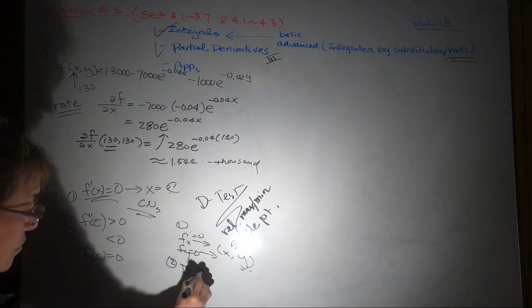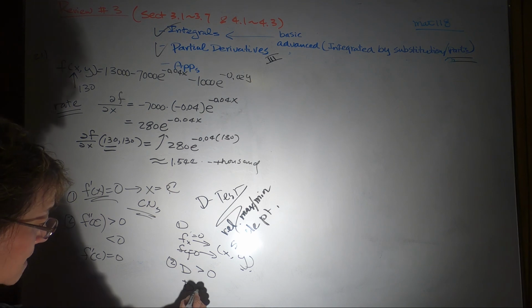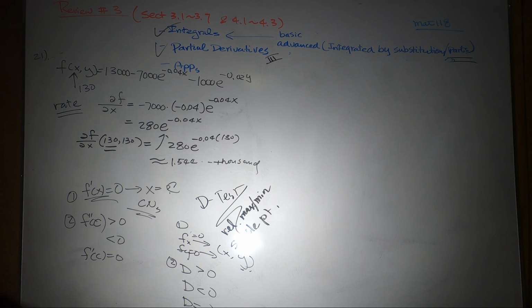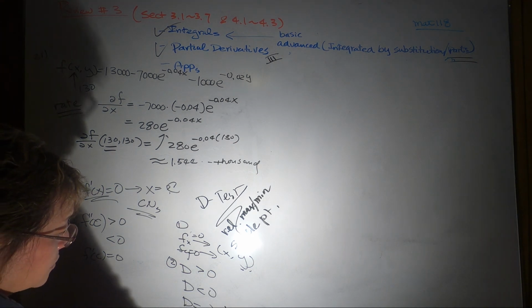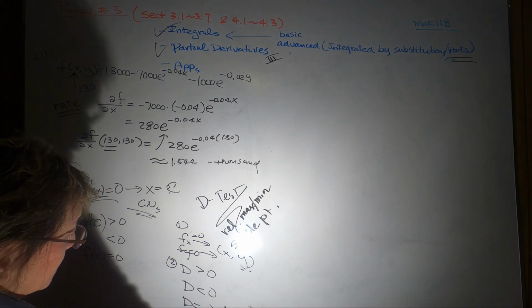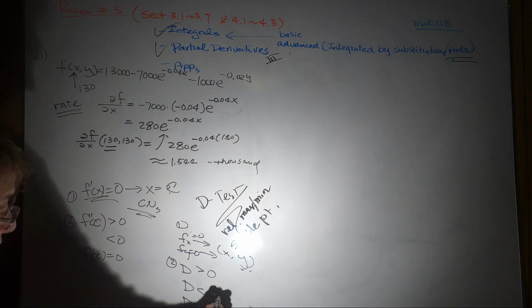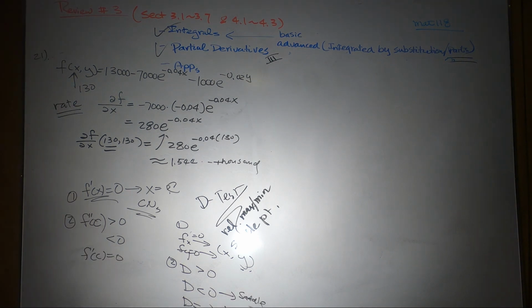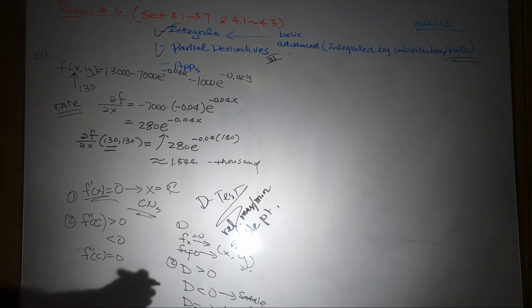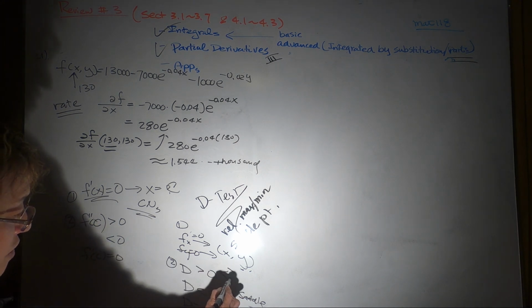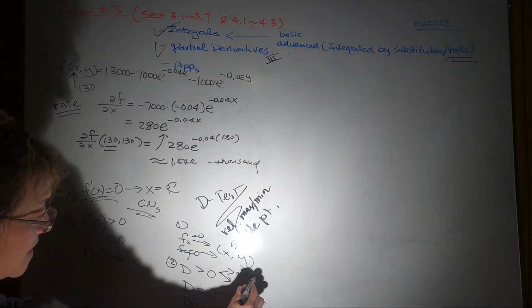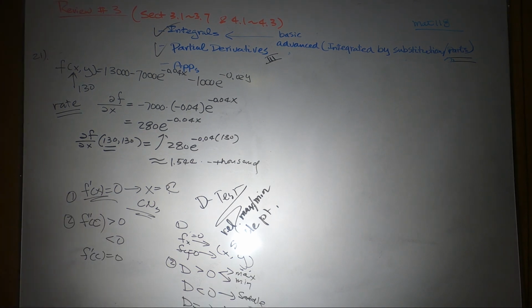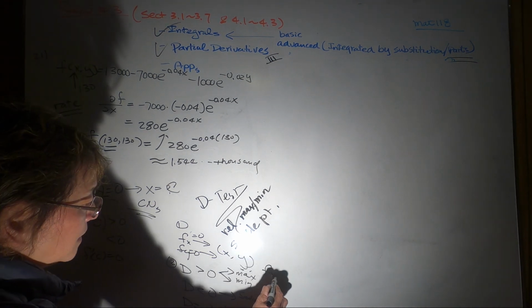We say if D is greater than 0, D less than 0, or D equal to 0. Like your second derivative, if D equals 0, it's inconclusive. If D is less than 0, then that point is a saddle point. If D is greater than 0, you have 2 conditions: one is a maximum, one is a minimum, by checking f sub xx.